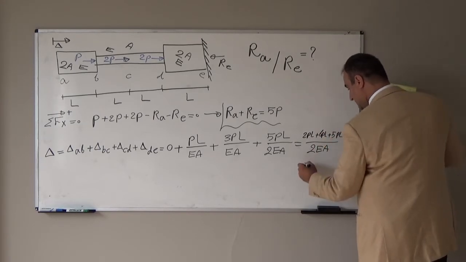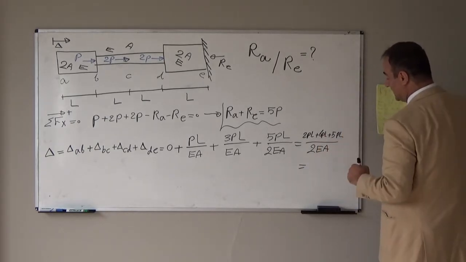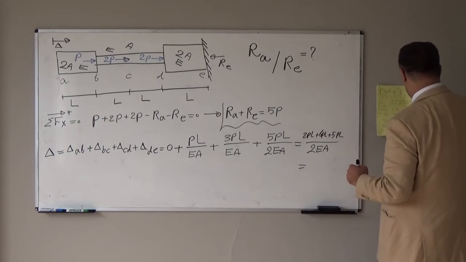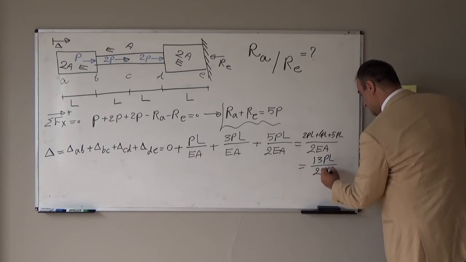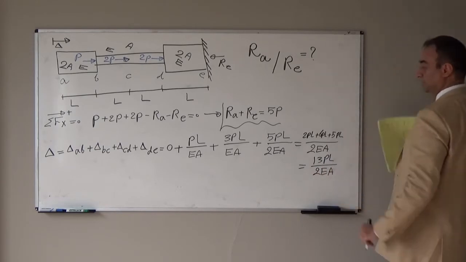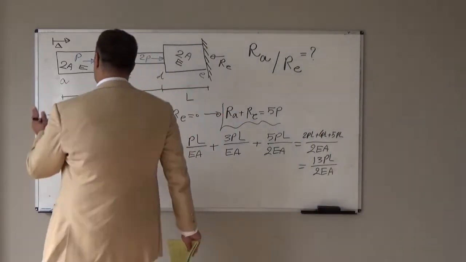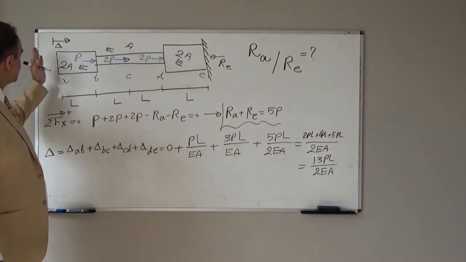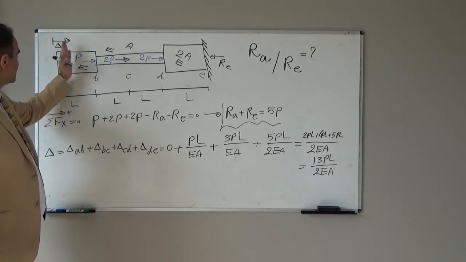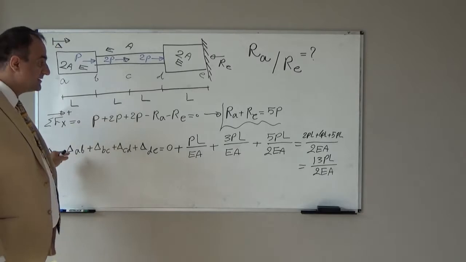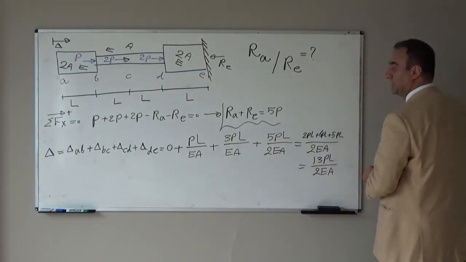That will be equal to 13PL over 2EA. So total deformation, if we don't have support here, this section will move delta from left to right. That magnitude of delta is 13PL over 2EA.